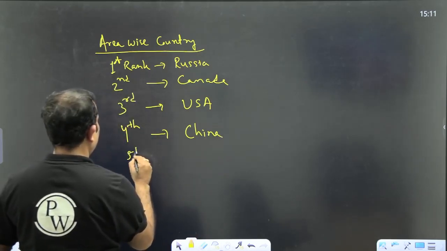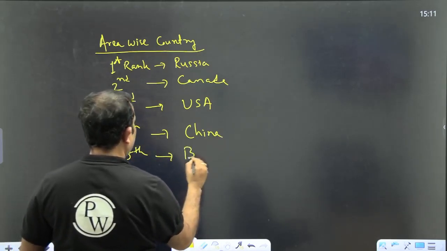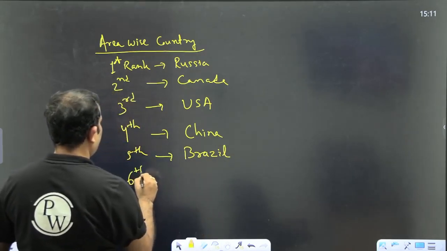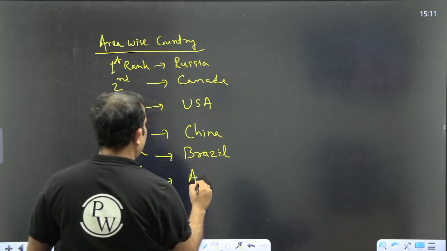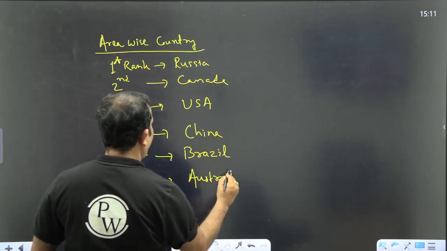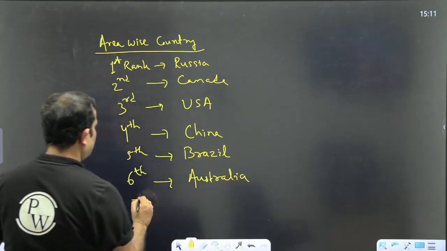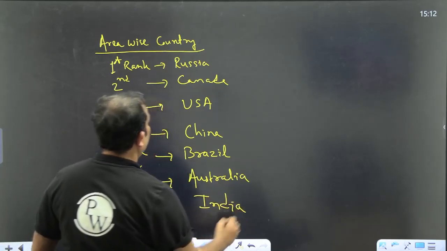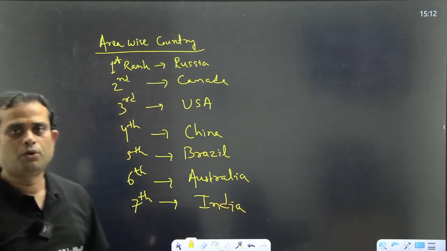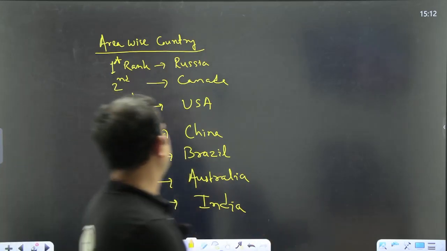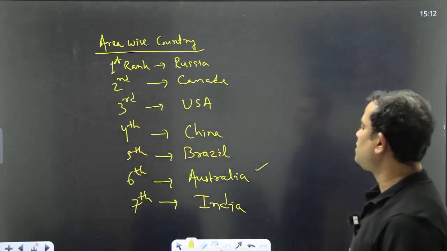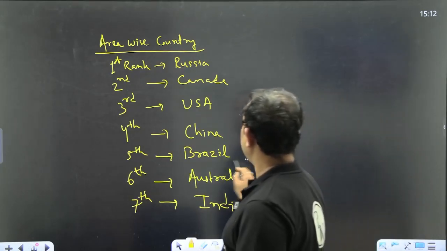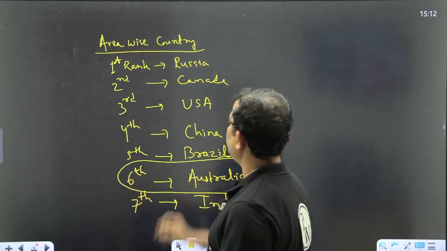Fifth is Brazil. Sixth is Australia. Seventh is our India, we know. So this is the chronology that we know. Australia is your 6th and 7th is India. Australia is 6th in area wise size.